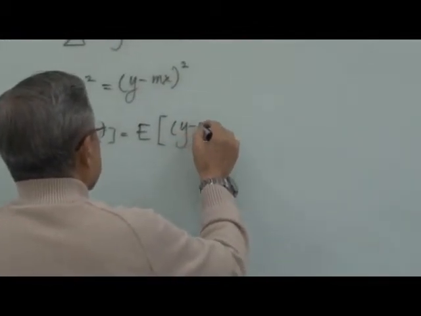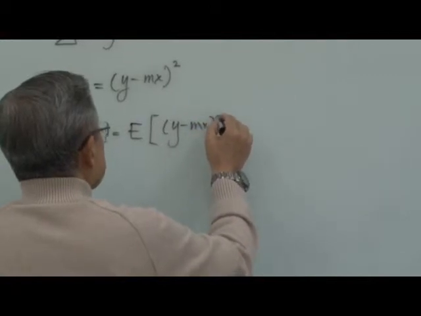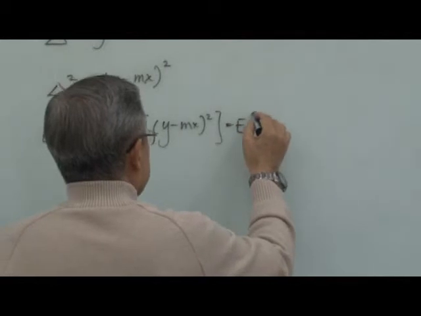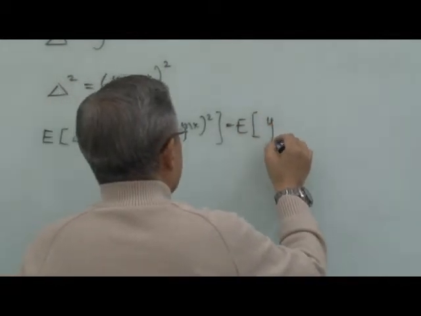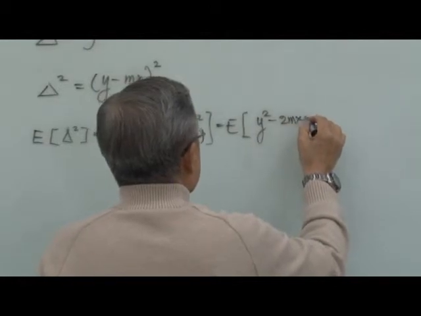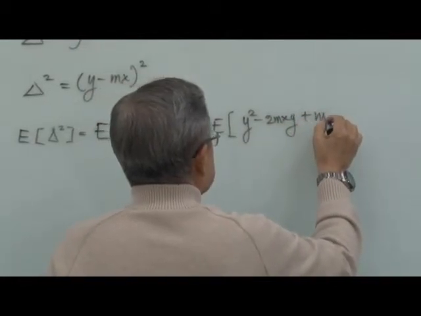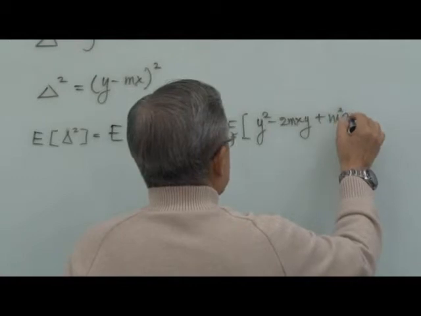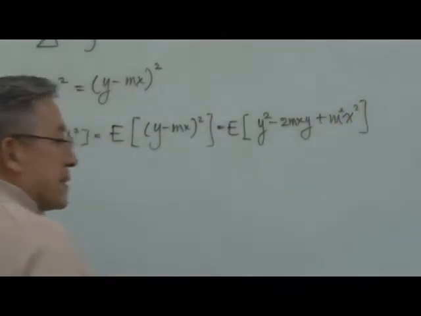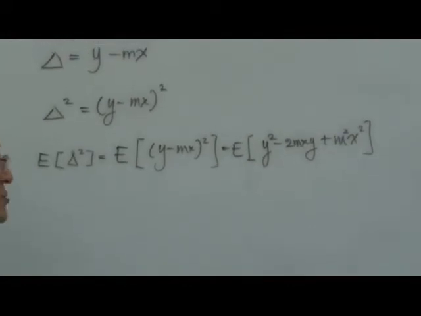So y minus mx squared, which is equal to expected value of y squared minus 2mxy plus m squared x squared. Then you can apply to each.